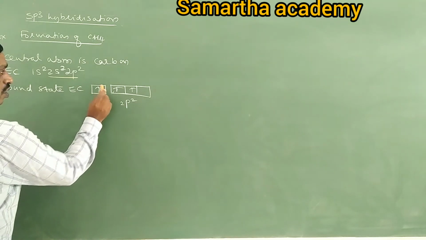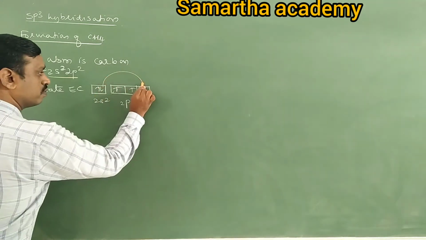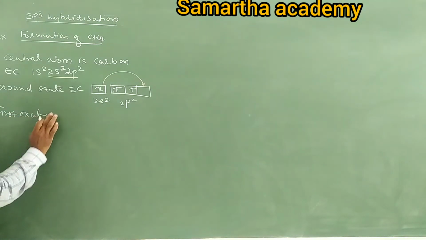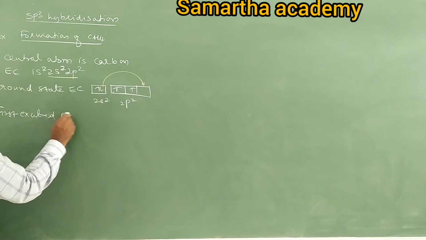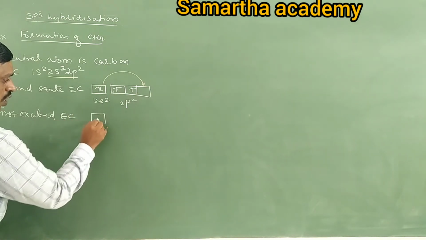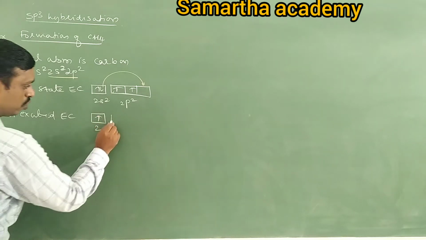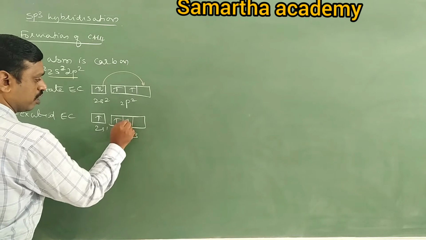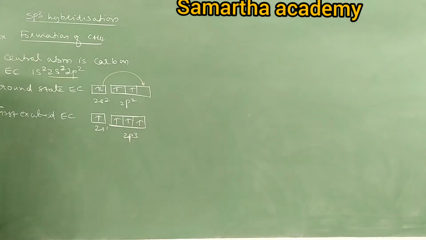One electron from the 2s orbital jumps from 2s to 2p. So the first excited state electronic configuration becomes 2s1, 1 electron, and 2p becomes 2p3. So this is the first excited state.